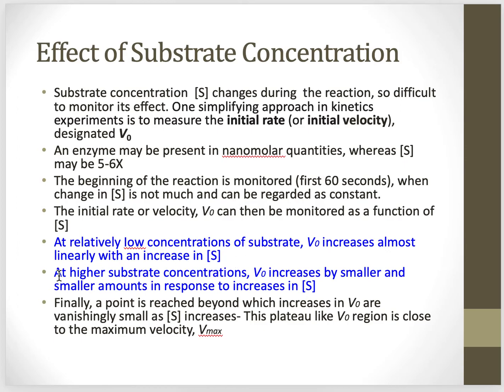But in contrast, if the substrate concentration is high, V0 increases by smaller and smaller amounts in response to increases in substrate concentration. Although we add more substrate, the increase of reaction rate will not be linear.